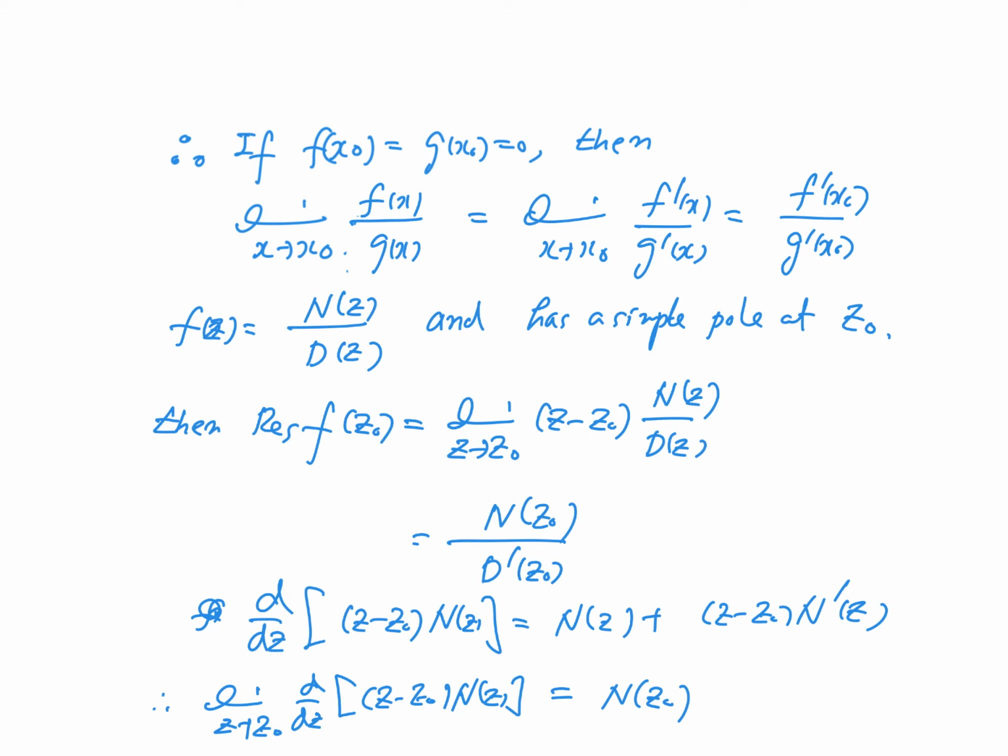So that's the numerator. The derivative of the denominator is this. And if we take the limit as z approaches z0, this goes to 0, so only N(z0) survives. So this is the residue. This property is very useful, so I'm going to use it many times. And probably maybe 80% of the cases are simple poles. But nevertheless, it's going to be useful.